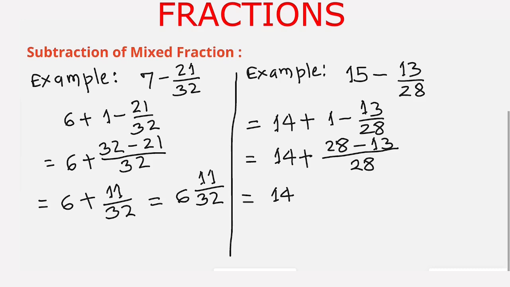This is equal to 14 plus 28 minus 13, which is 15 upon 28, equal to 14 whole and 15 upon 28. This is the method of solving this question. We solve one more example.